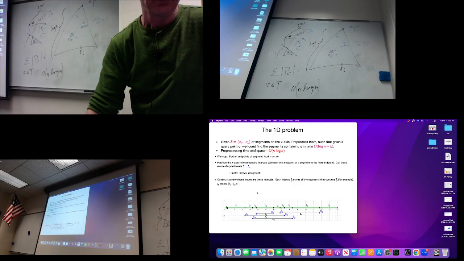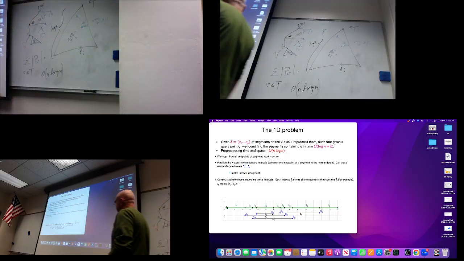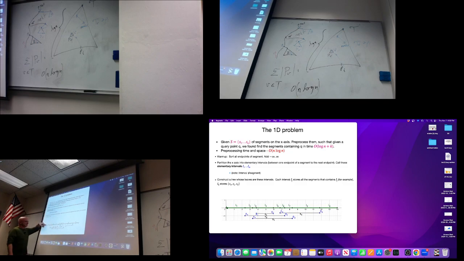So I look at all the segments S1, S2, S3, S4. I look at the endpoint of each segment. I'll throw in also minus infinity and infinity as virtual endpoints. Sort all of them.